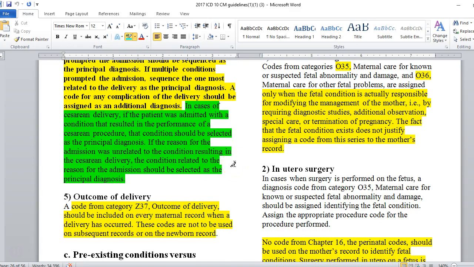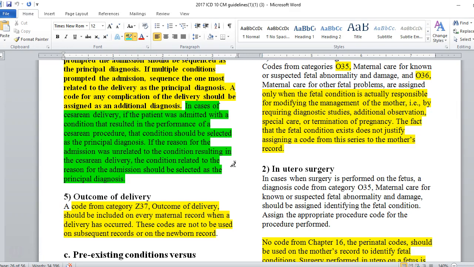In cases of a cesarean delivery, if the patient was admitted with a condition that resulted in the performance of a cesarean procedure, that condition should be selected as the principal diagnosis. If the reason for the admission was unrelated to the condition resulting in the cesarean delivery, the condition related to the reason for the admission should be selected as the principal diagnosis.